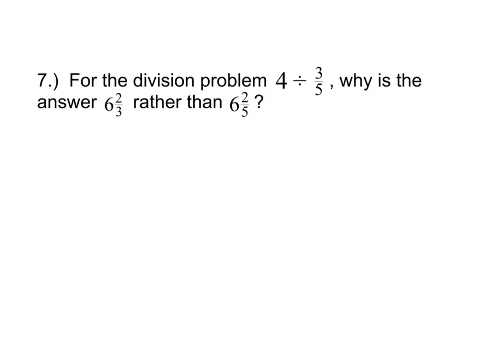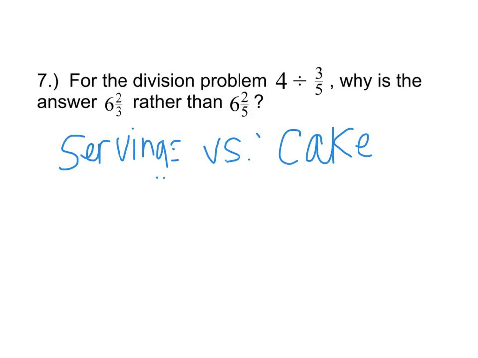So for the division problem, 4 divided by 3/5, why is the answer 6 2/3 rather than 6 2/5? Because we are looking for the number of servings versus cake. So 2/5 represents the cake left over, as we just talked about in the previous problem.